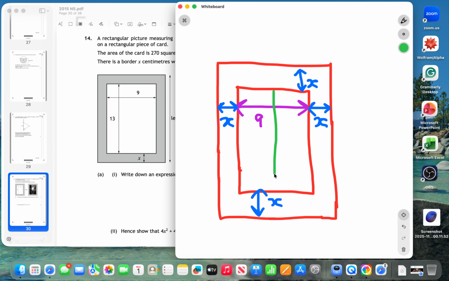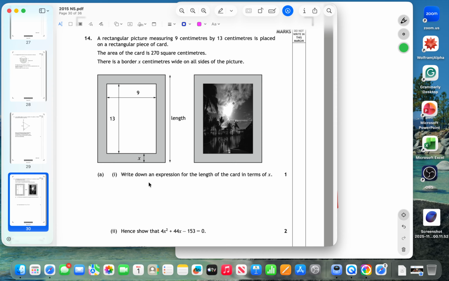I will mark this in green. So this is 13.